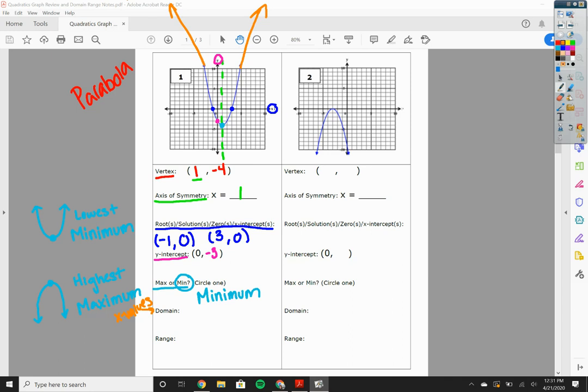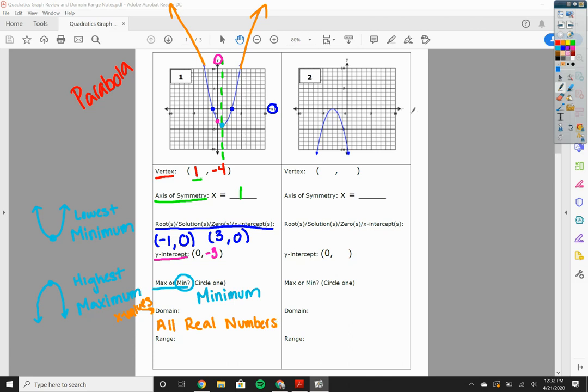No matter what, it's going to hit every single x value because these lines keep going on forever. So domain for quadratic functions is always going to be all real numbers. Whenever you have the domain of a quadratic, it's just going to be all real numbers.